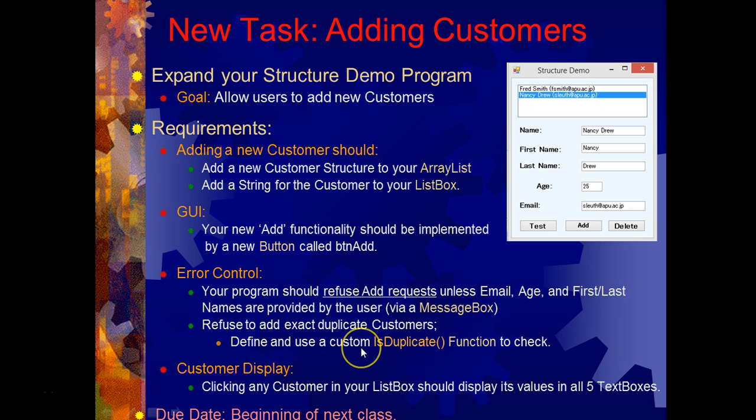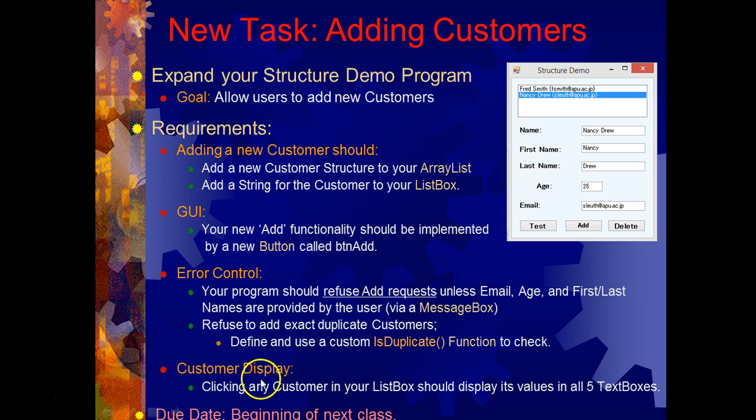And define and use a custom is duplicate function. So you're going to define a function which is testing whether this customer is already in our array, or in our array list as it's called, and then use that is duplicate function to actually check to see if the customer is in our array, and then the code should refuse to add the customer if it's a duplicate.